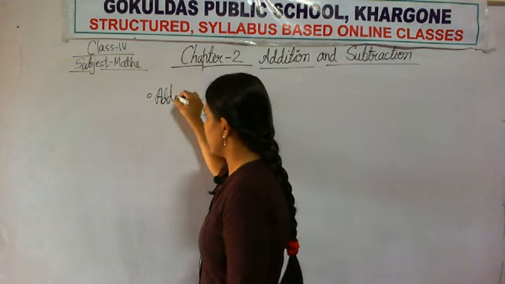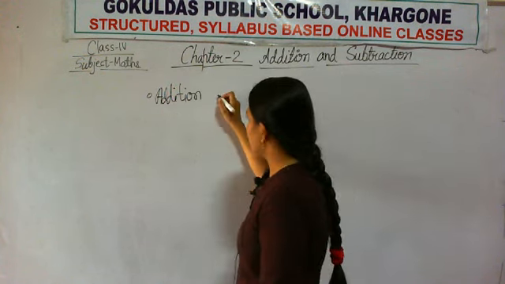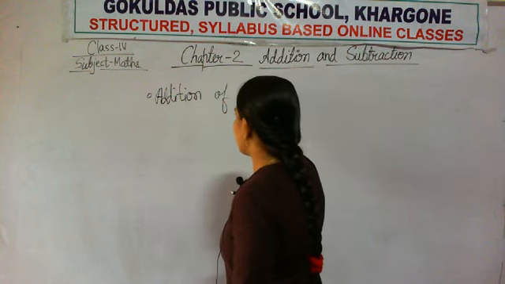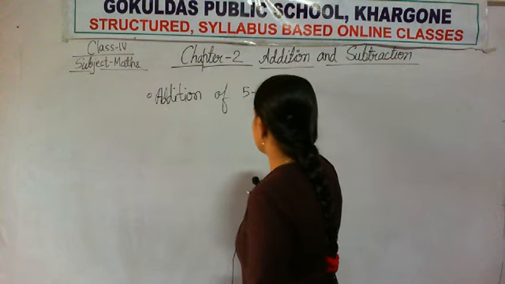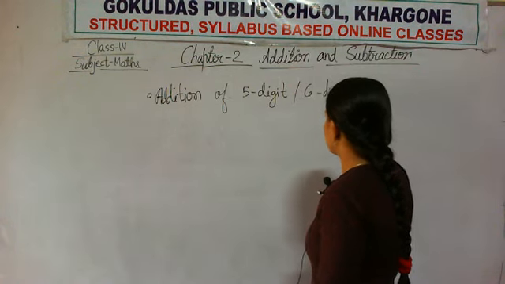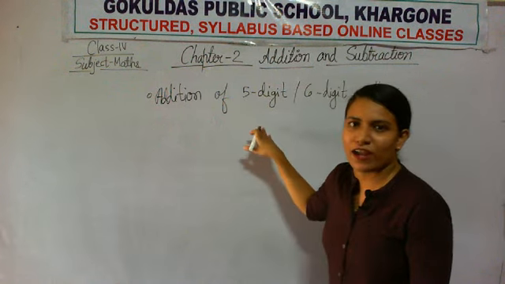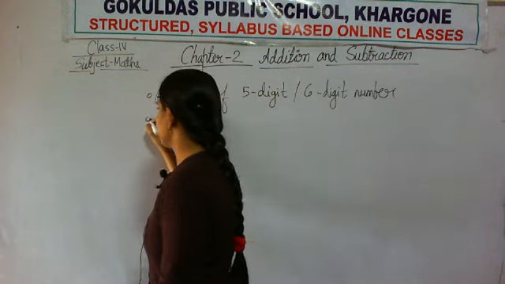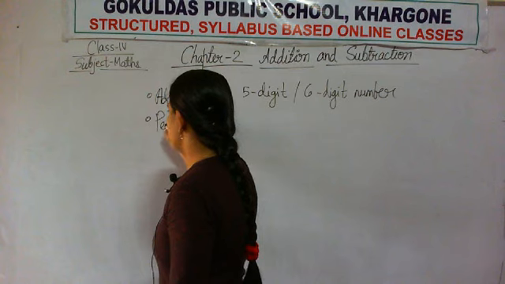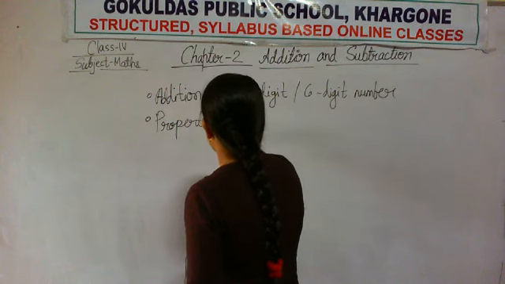Addition. You already know addition, but here you will do addition of 5-digit or 6-digit numbers. You will learn the subtraction of 5-digit and 6-digit numbers. You will learn the properties of addition.